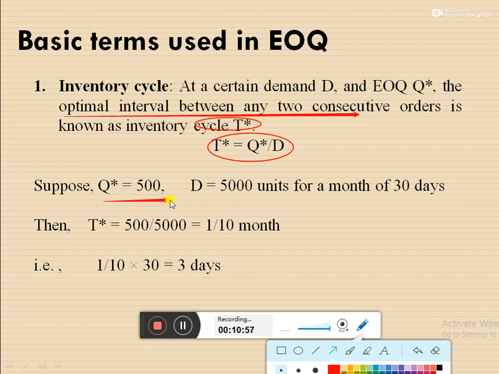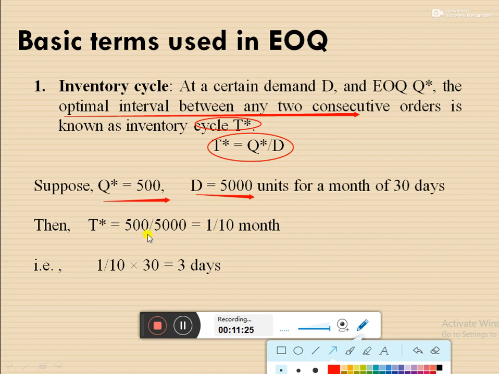It is optimal if we place an order of 500 units, and it would minimize the total cost of inventory. And the demand required in a particular month of 30 days is equal to 5000 units. So in that case we can calculate the value of inventory cycle, that is T, by applying this formula.